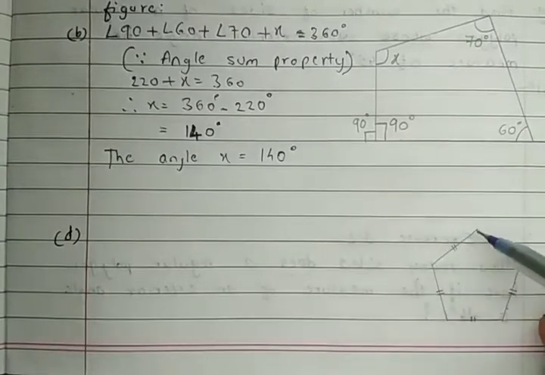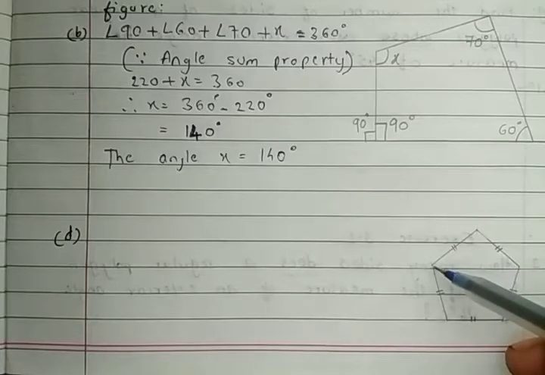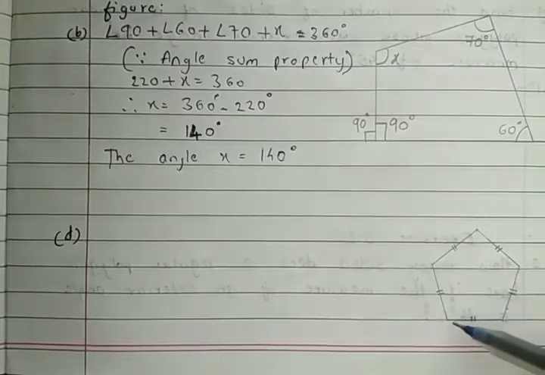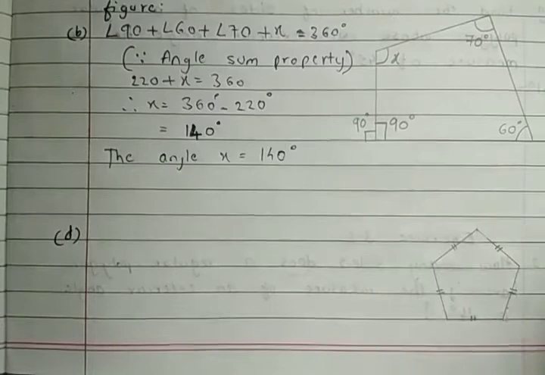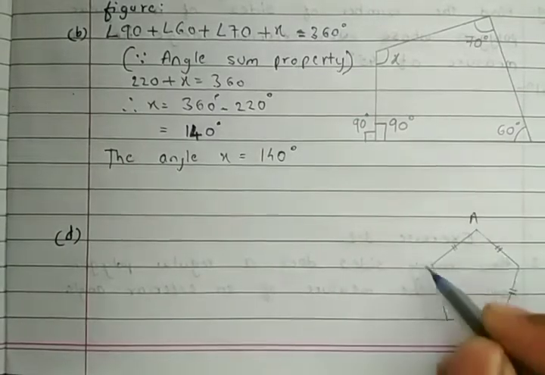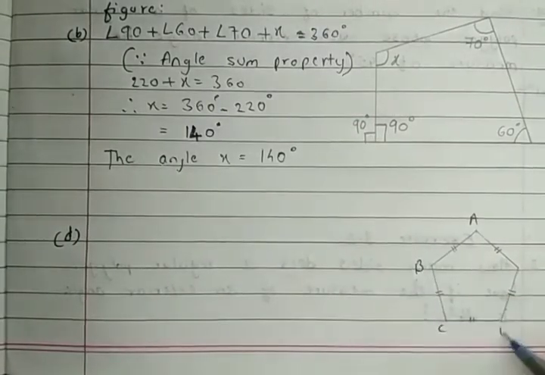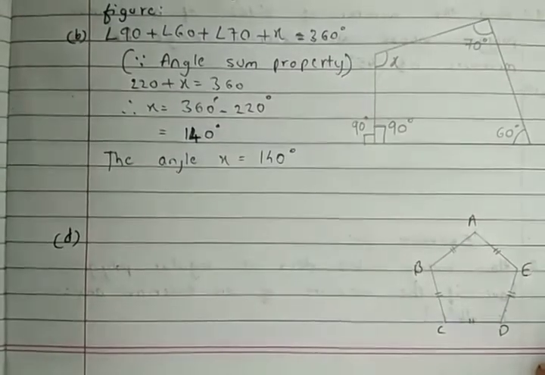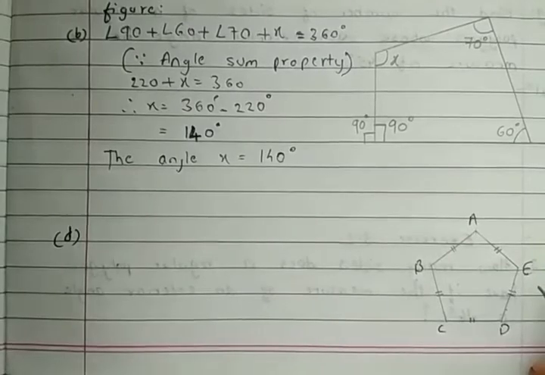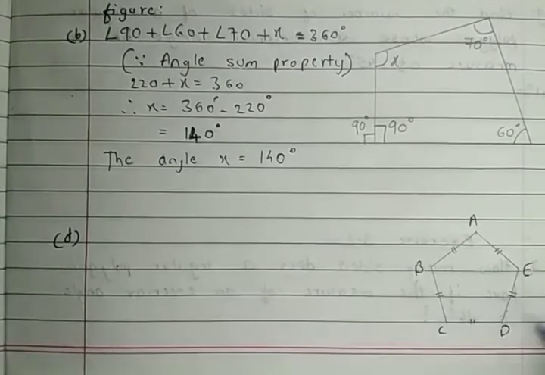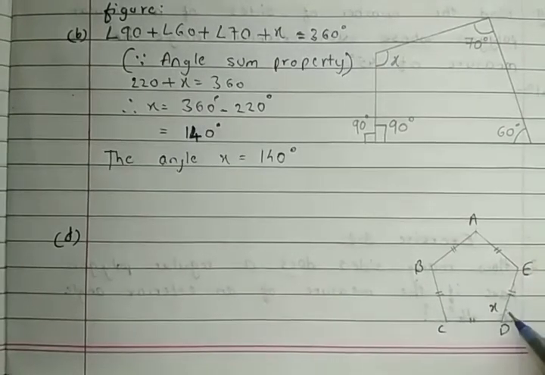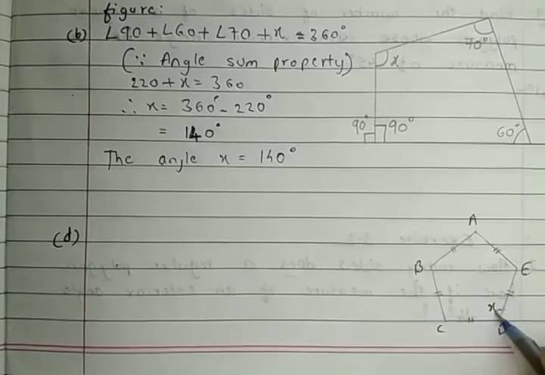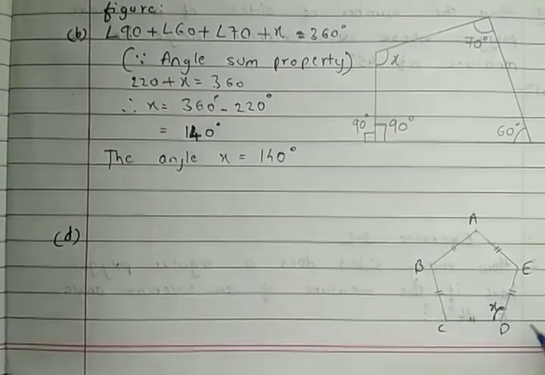It means that this line segment is the same as this one, the same as this one, the same as this one, and the same as this one. You can name this as A, B, C, D, E. Pentagon ABCDE. Now we have to find the measurement of x. This is asked in the question.